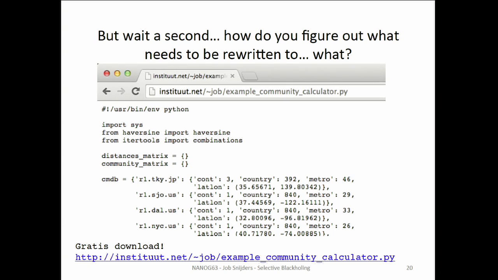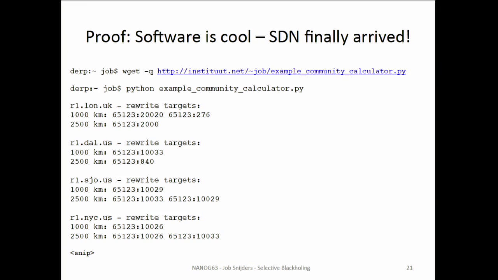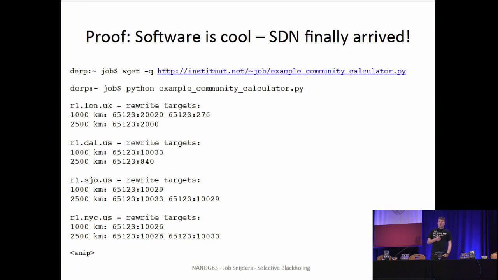And then the Python script will iterate through every possible permutation that could exist and figure out which sets of BGP communities you need to accomplish the goal of discarding outside a 1,000-kilometer radius. If you run the script, it will generate this for you and take care of which communities you need exactly to match, say, 2,500 kilometers.